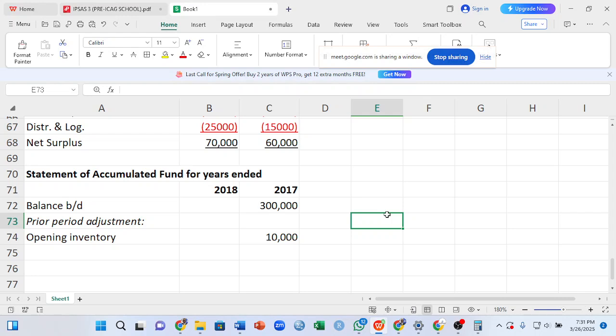You have gotten me confused. I want you to explain from the statement of financial performance perspective. I understand you, but I want you to explain from the statement of financial performance perspective. Yeah, go ahead.